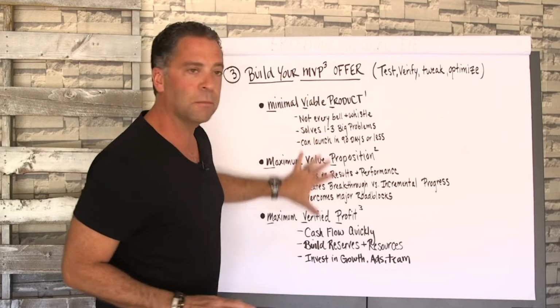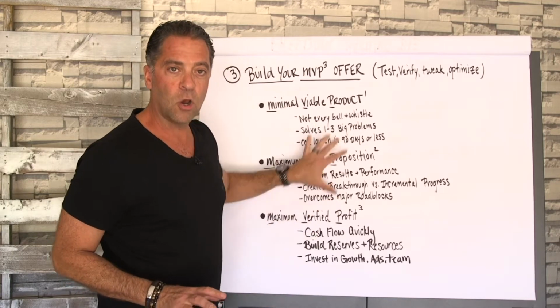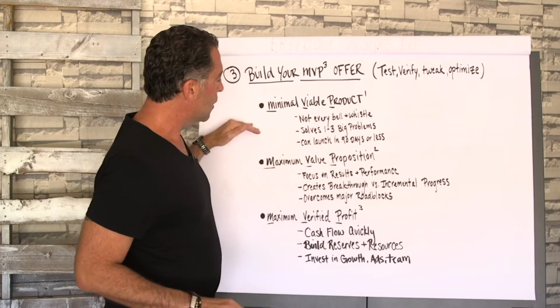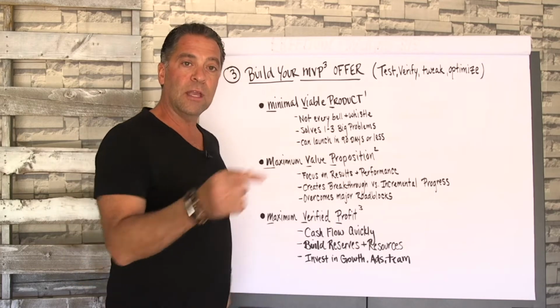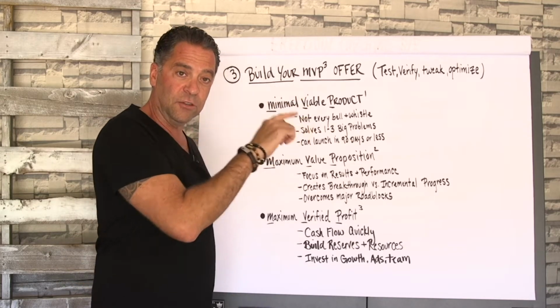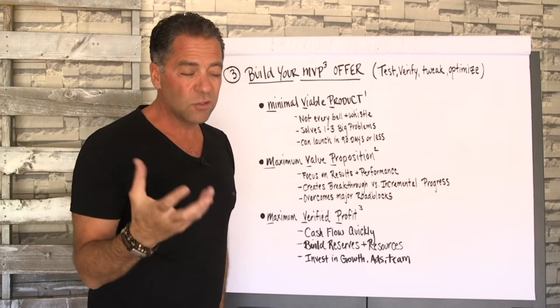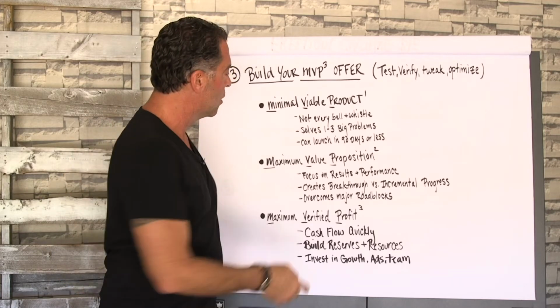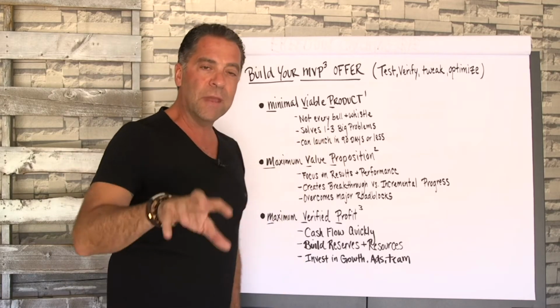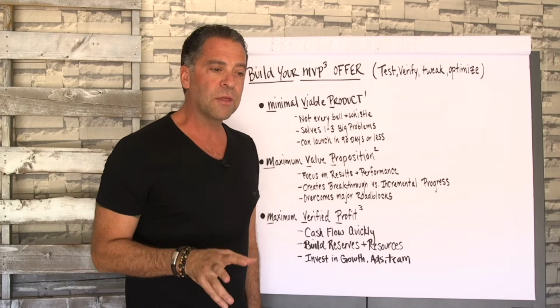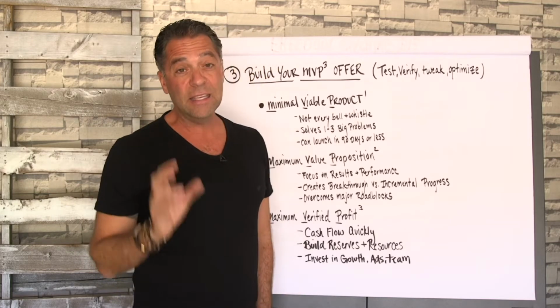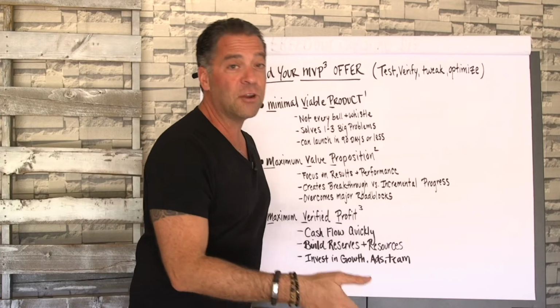When you're building your minimal viable product offer, you've got to be thinking about, in that niche, in that specialty, to that 4%, to that 20% as well, what are the 1 to 3 biggest problems that they're struggling with, that they have dealt with for probably years? They've spent a lot of money trying to fix it.